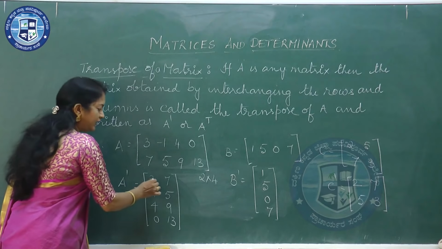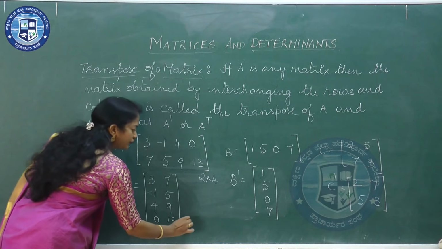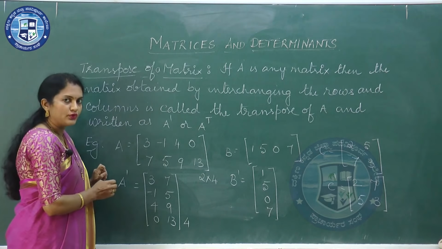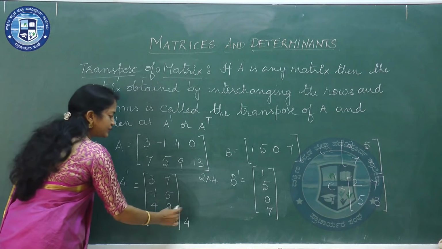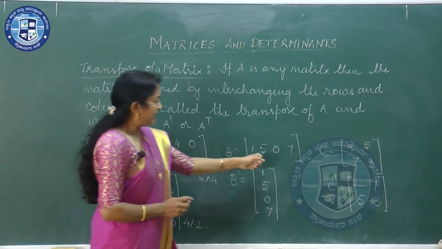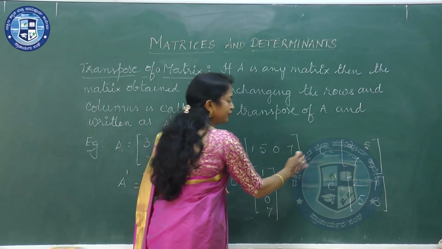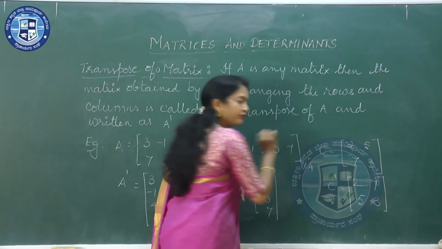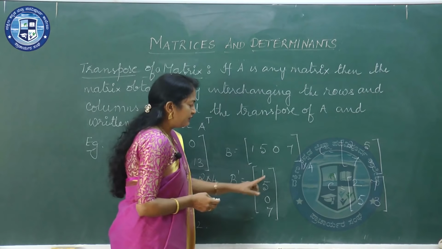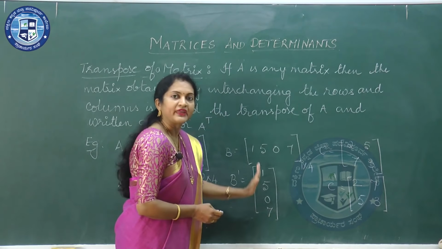Here the number of rows: 1, 2, 3, 4, 4 rows are there and 2 columns, so it is 4 by 2. When it comes to B, only one row is there and the number of columns is 4, so the order is 1 by 4. Here the number of rows is 4 and the column is only 1, so 4 by 1 is the order.